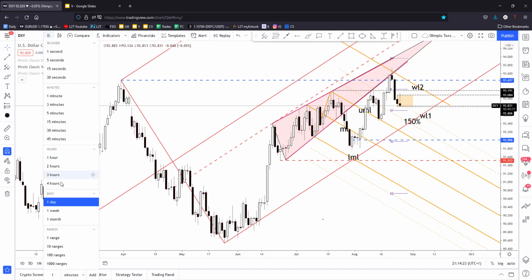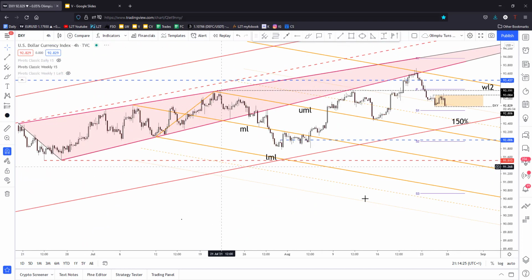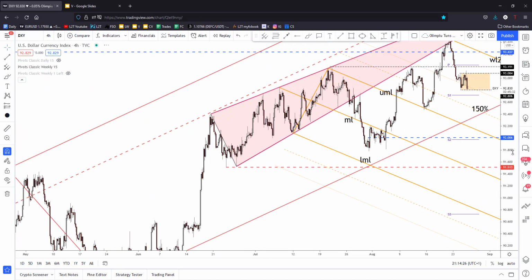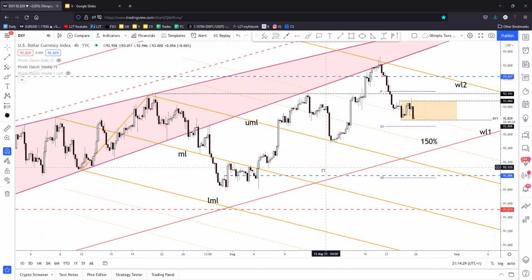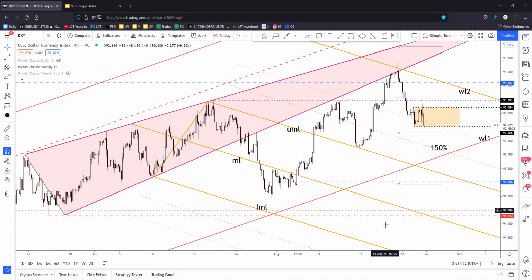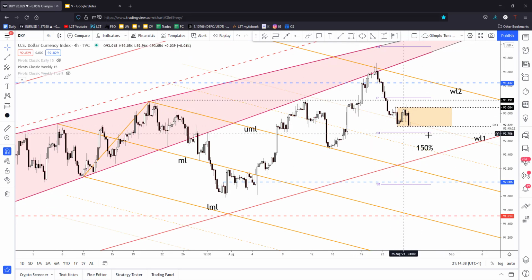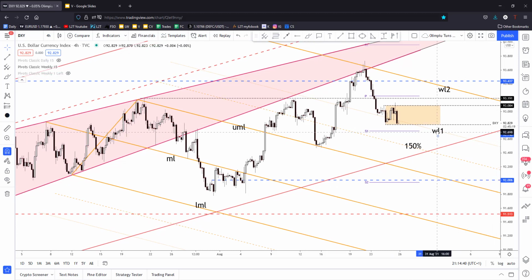Let's take a look also at the 4 hour chart, because it is important. I told you earlier today in my live trading session that a new lower low, dropping and stabilizing below this warning line of the descending pitchfork, and also a new lower low dropping and stabilizing below 92.80, could signal a further decline in the short term.